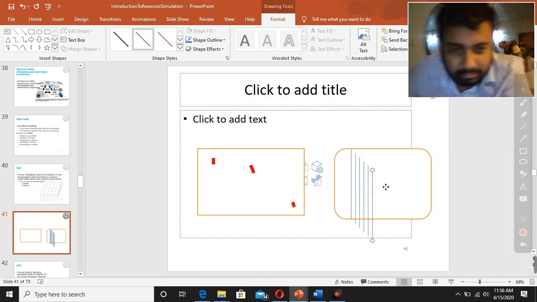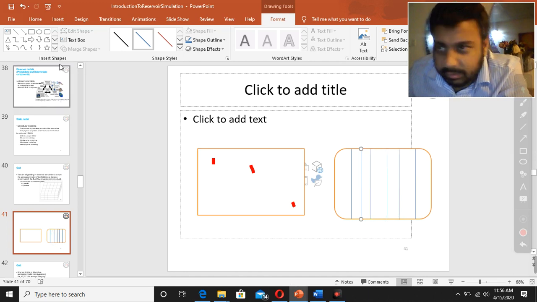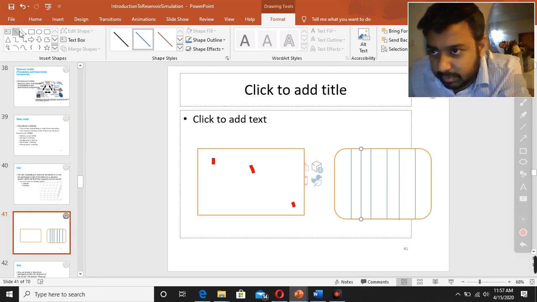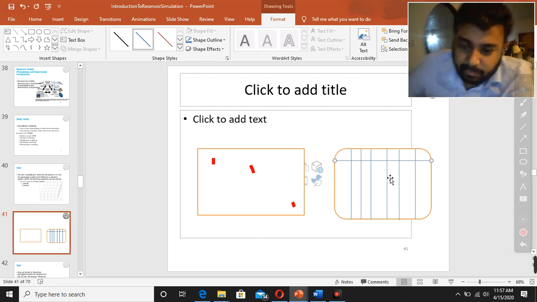We do the gridding of them, as I said before. We make them in small blocks. Here you can see that we do it in small blocks, and we divide them like this.